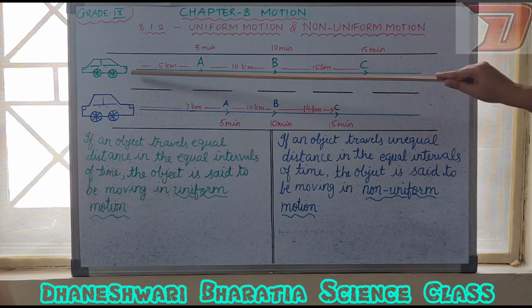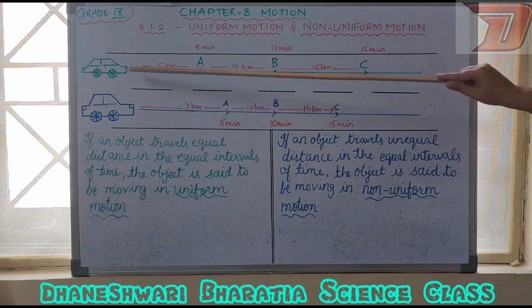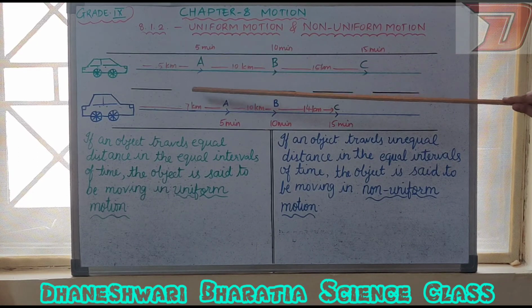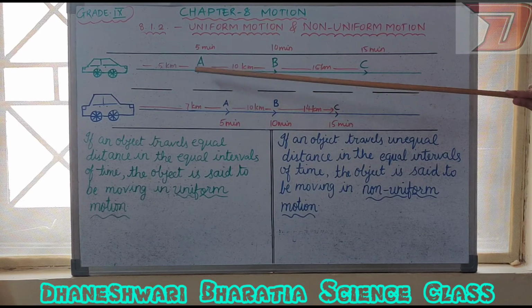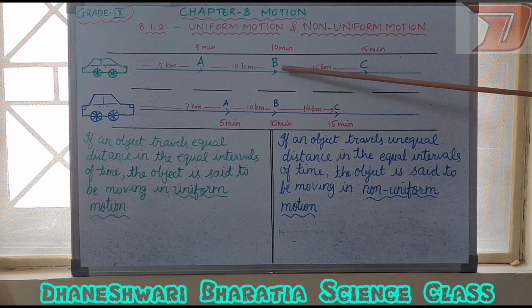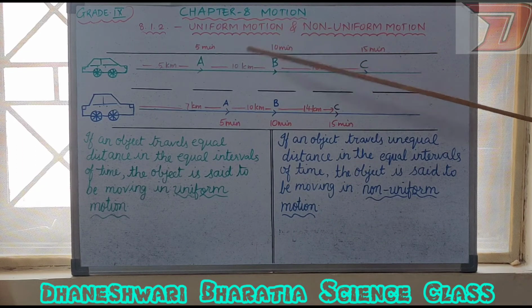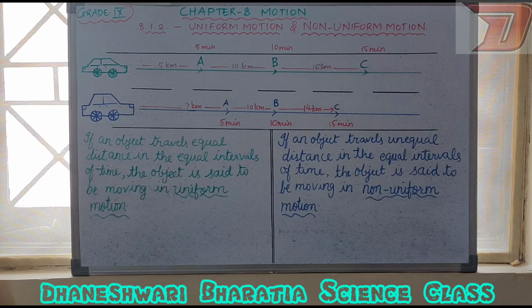Here this car is moving, it has come to point A in 5 minutes, and from origin till A, it has covered 5 kilometers. Now this car has reached B in 10 minutes from the origin, and it has covered 10 kilometers. That is, in the next 5 minutes this car has covered 10 minus 5, 5 kilometers, isn't it?